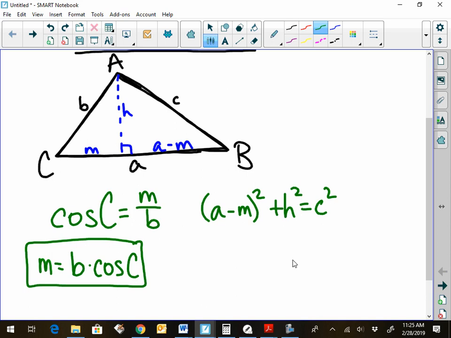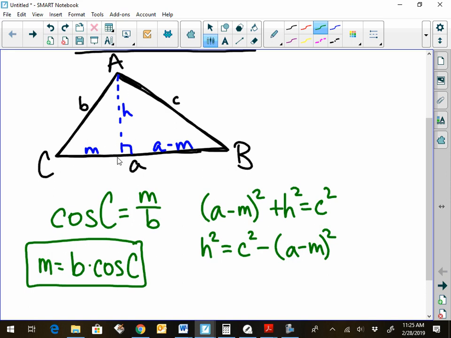So we can say h² equals c² minus (a − m)². We know that on the triangle on the left side, we could also do the Pythagorean theorem.